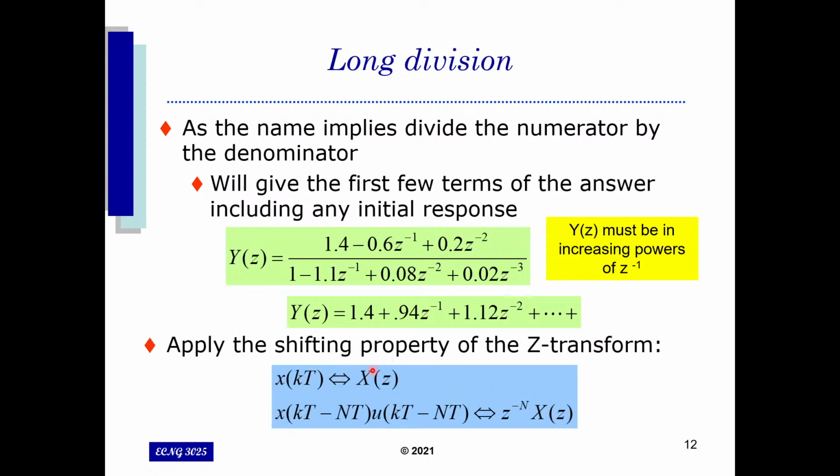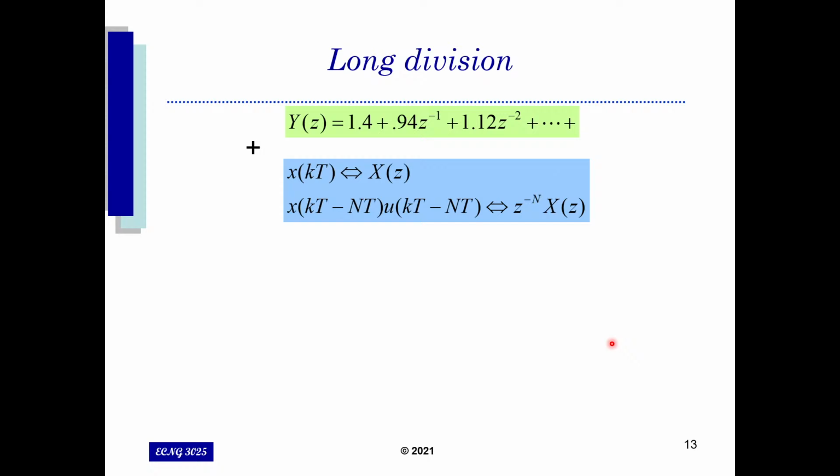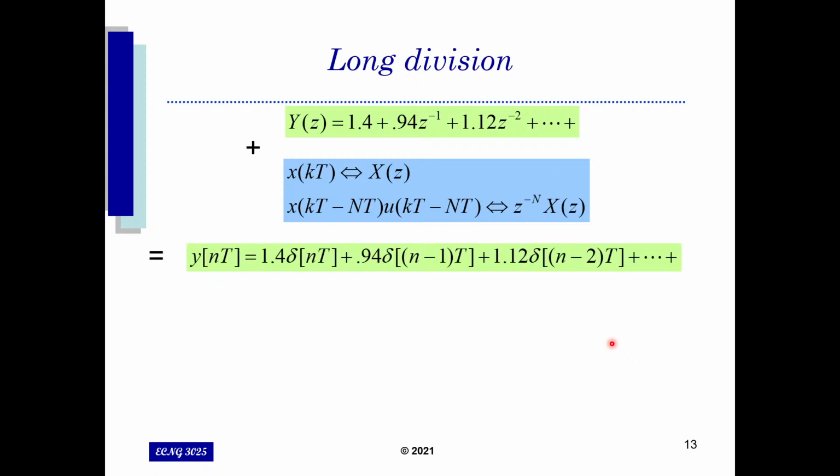And to transfer this back from Y(z) into Y(nT), we just focus only on the quotient result that we obtain. Each one of these values here can be immediately transformed using the shifting property of the z transform. When we do this shifting property, every term here is just going to be a delay with respect to delta(nT).